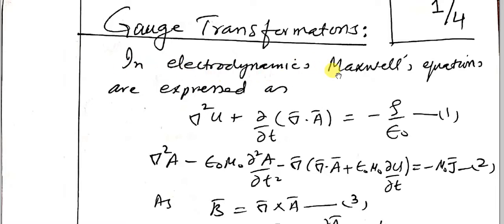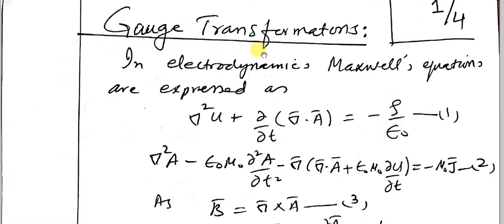In electrodynamics, Maxwell equations are expressed as del square of U plus delta by delta T of the divergence of A is equal to minus rho by epsilon naught.